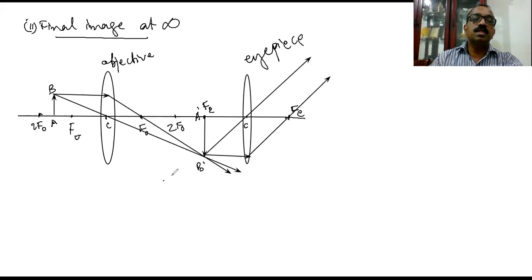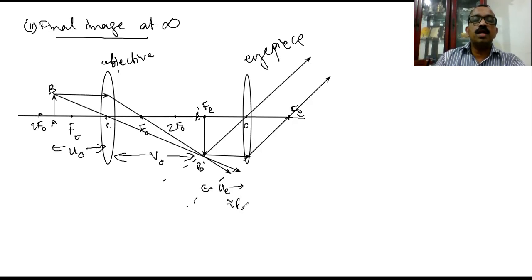That is, the final image is at infinity. Now let's write the distances. This is the object distance UO, image distance VO. As far as the eyepiece is concerned, what's the object distance for the eyepiece? This object distance is nothing but the focal length, and image distance is infinity.